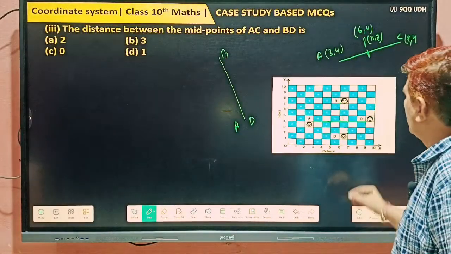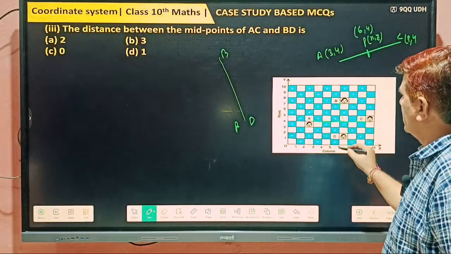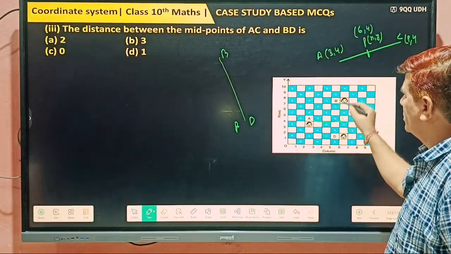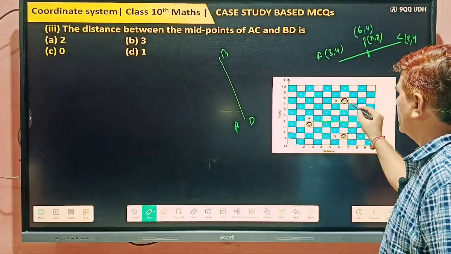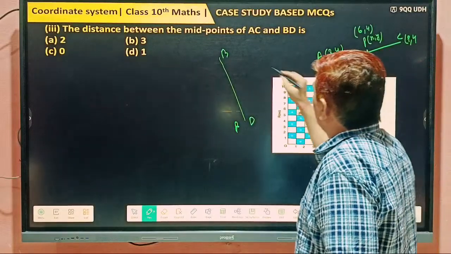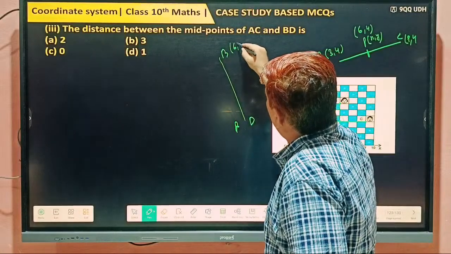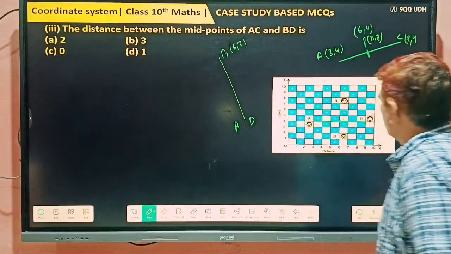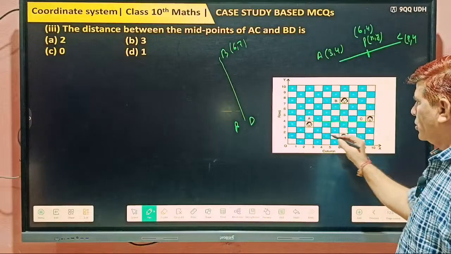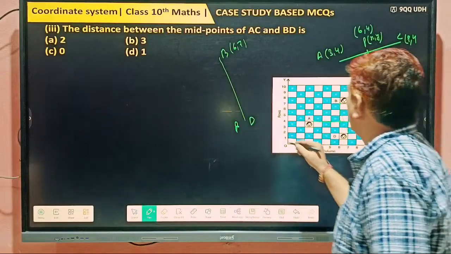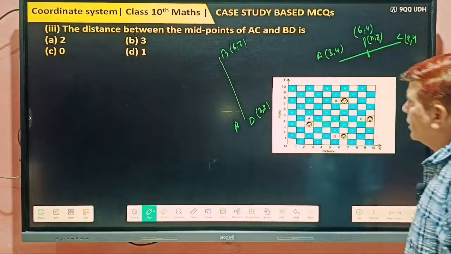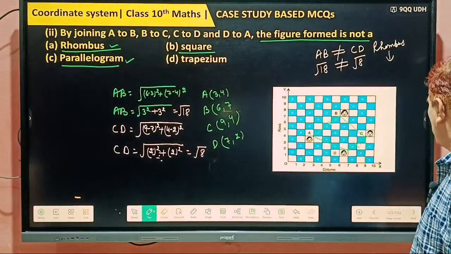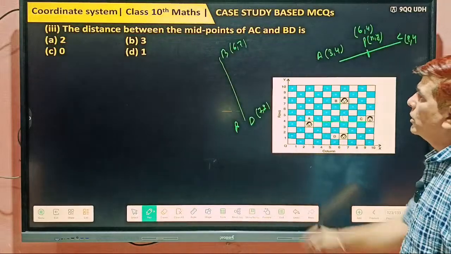Check one time. What's 6 unit? So 6 and 7. What are the coordinates of D? D is this. Its distance from the y-axis is 7, so 7 and 2. Look one time. 7 and 2. Find out their midpoint.